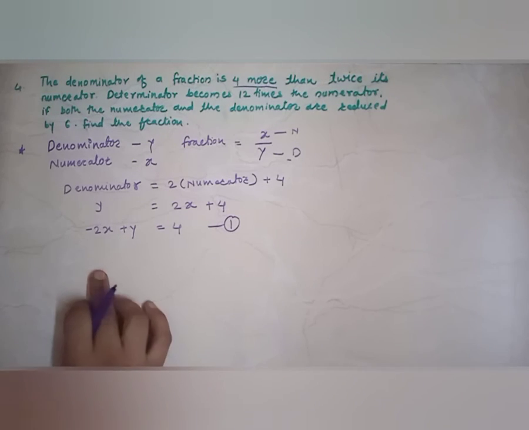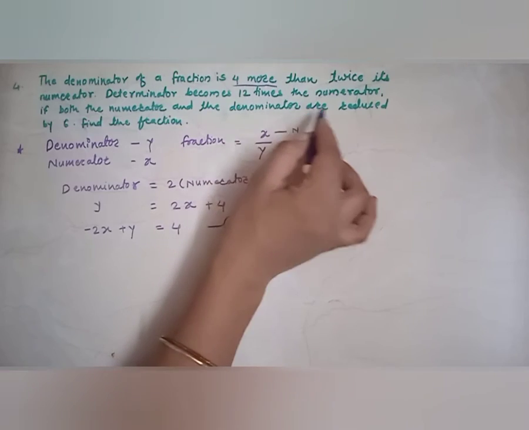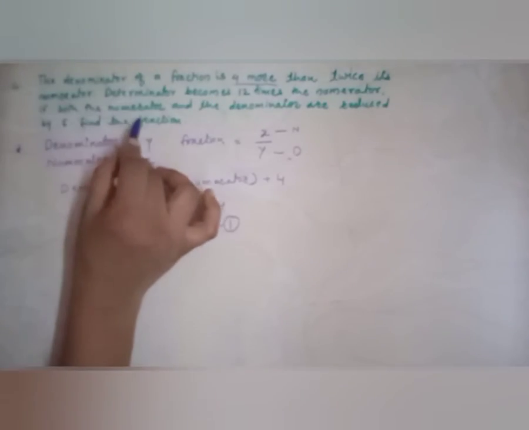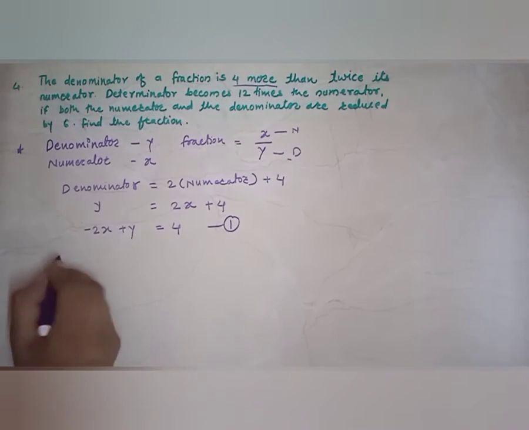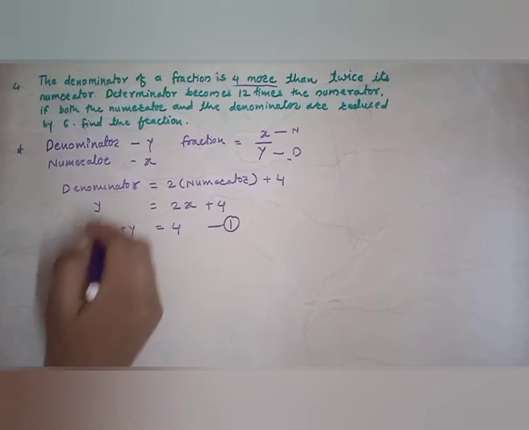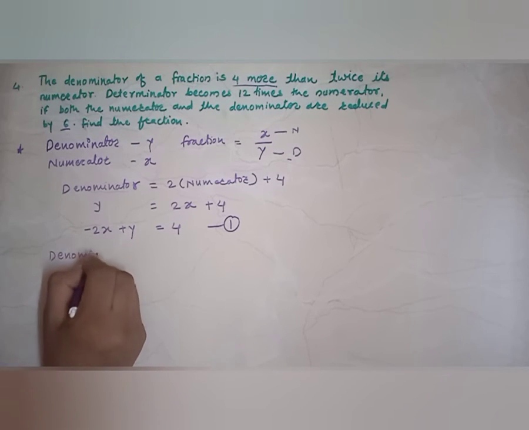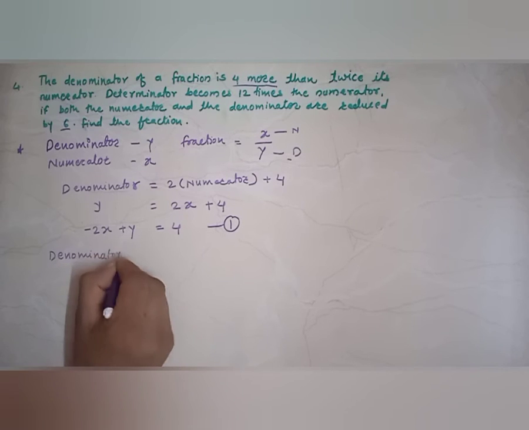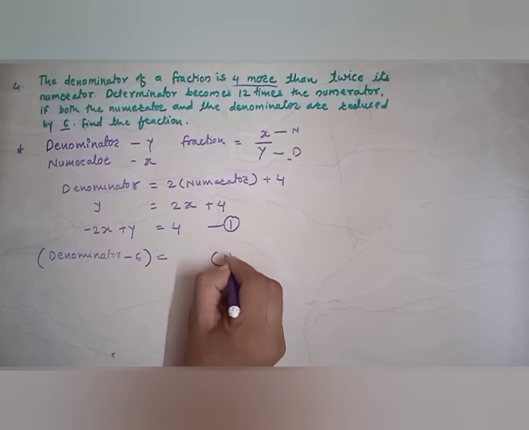Take down the second condition. The denominator becomes 12 times the numerator if both the numerator and denominator are reduced by 6. Both are reduced by 6 means 6 is subtracted from each. Then the denominator minus 6 is 12 times the numerator minus 6.